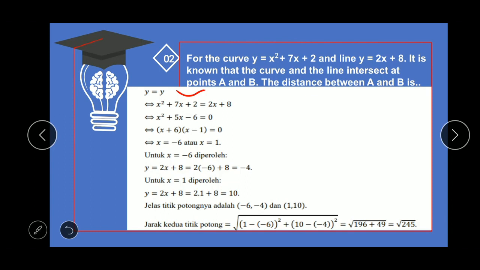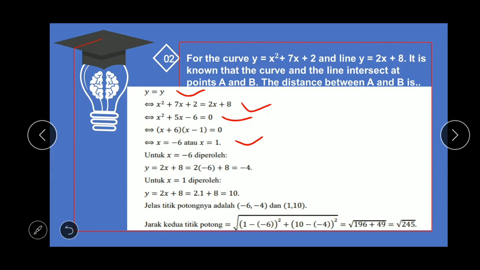And here we can write this one: x squared plus 7x plus 2 equal to 2x plus 8. And then we can simplify, and we find x equal to minus 6 or x equal to 1.